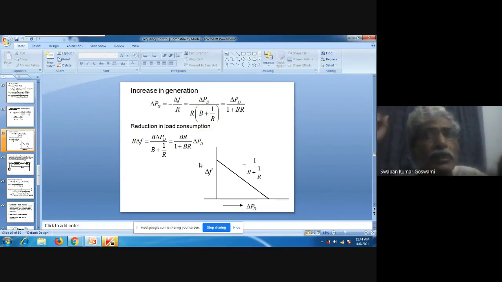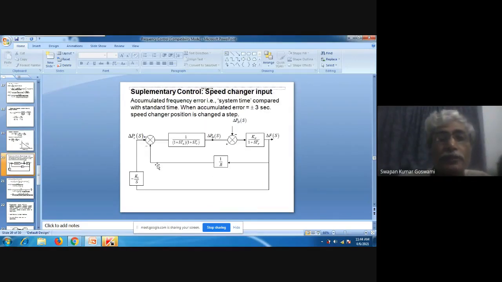What do we have to do to bring the frequency back to normal value? Some input has to be given, and that input has to be given to the speed changer. When this input is given through the action of the speed changer, it is another control we are applying. This was the primary control.